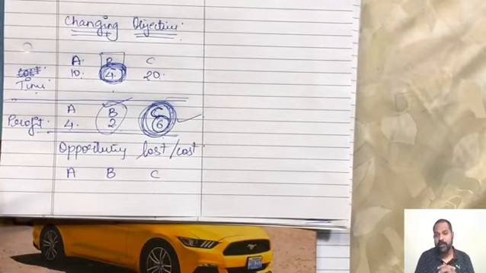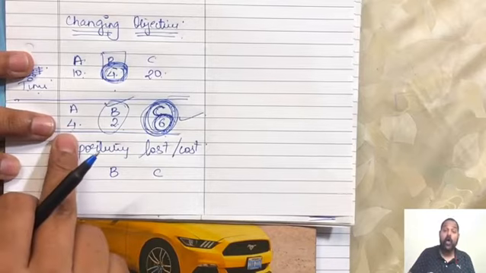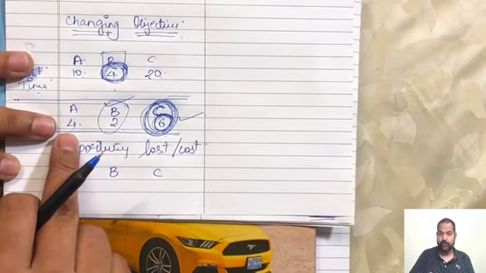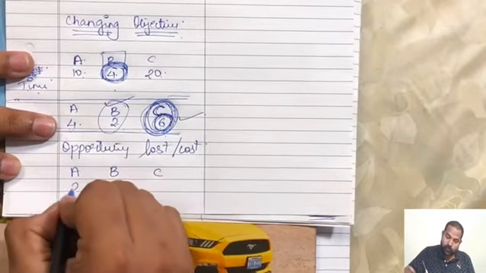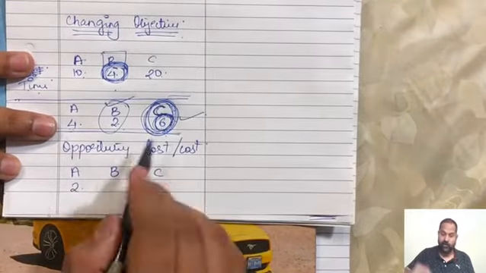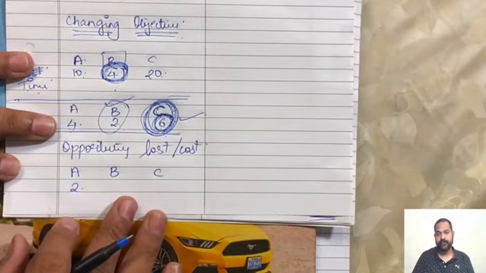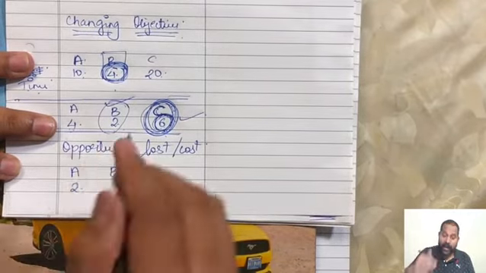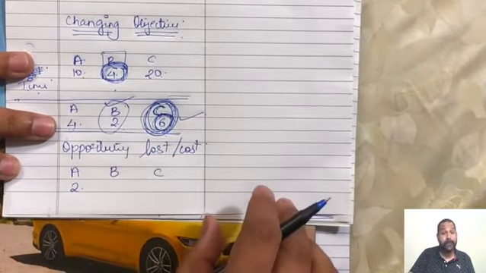Then my question to you is, how many opportunities is A losing? Well, to reach a profit of 6, A is losing 2 opportunities, or in other words, 6 minus 4, which is 2. To make a profit of 6, how many opportunities is B losing?